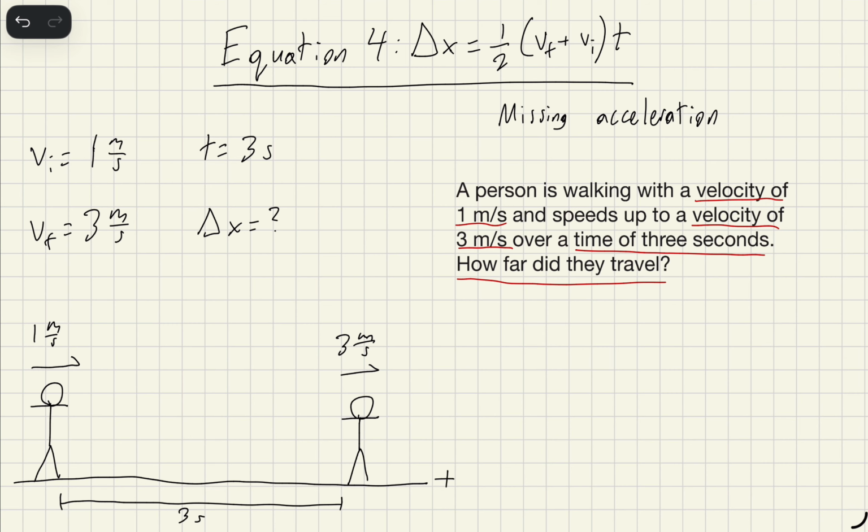We can define this direction to be positive, and we know that we want delta x in the middle, their displacement. It may seem unnecessary to draw it out for a problem like this, but getting practice with drawing out your physics problems is really helpful and will really, really set you apart from everybody else as you progress through your physics courses.